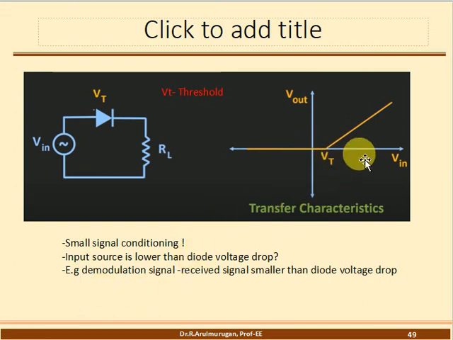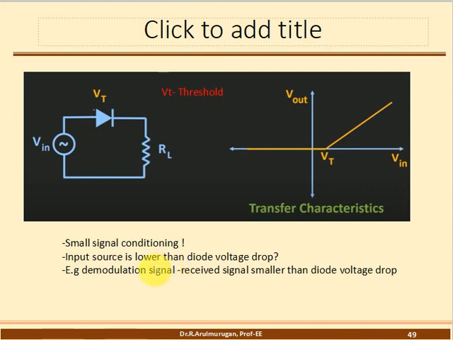So the input goes 0.1, 0.2, 0.3, 0.4, 0.5, 0.6, 0.7, but the output is 0; only after 0.7 is output produced. Some diodes have a 1 V drop, so up to 1 V there is no output voltage. That threshold value is important for small signal conditioning and demodulation applications. It is very important.